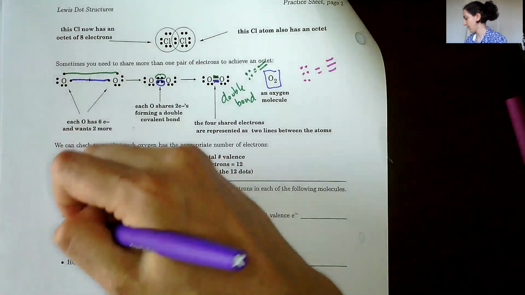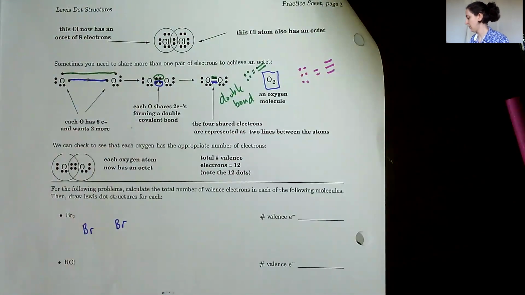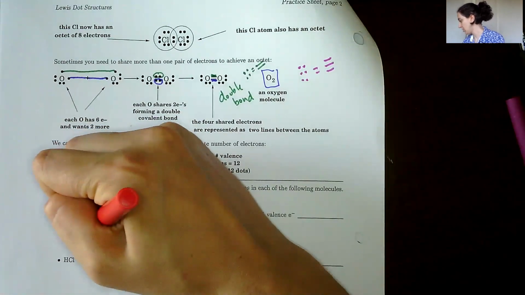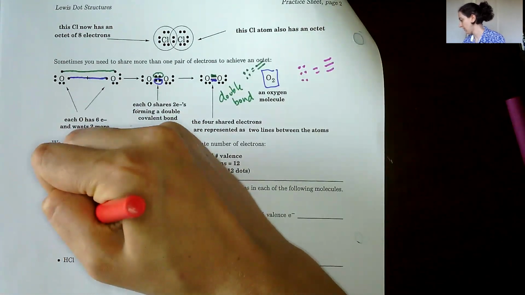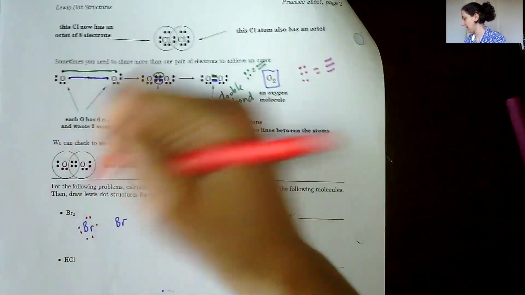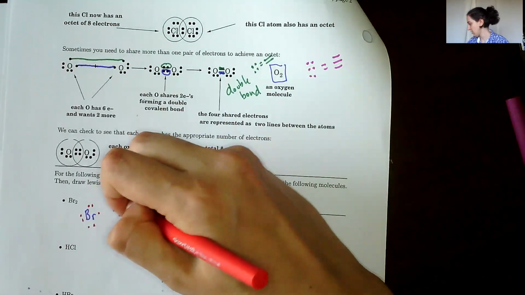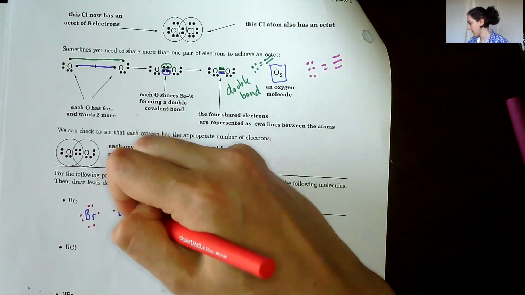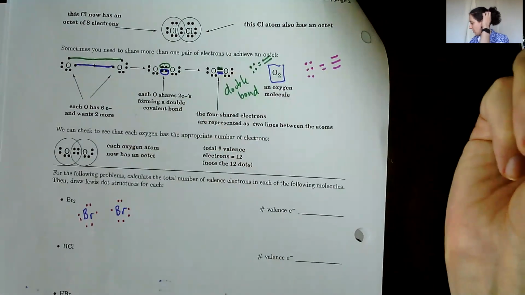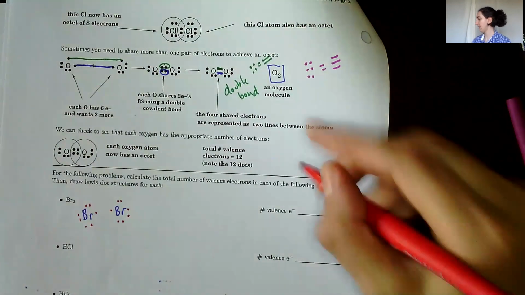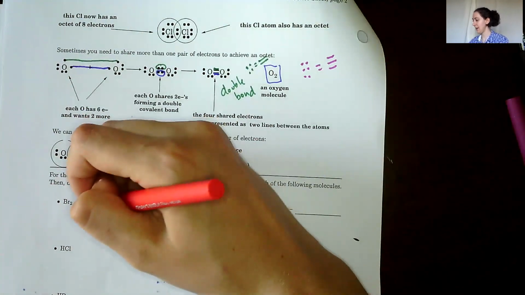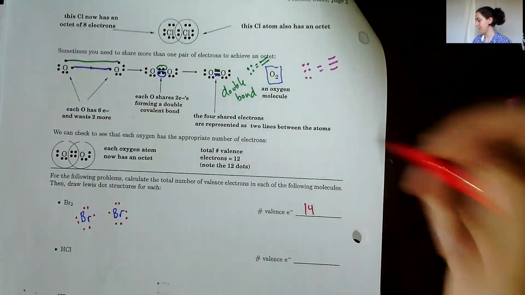So let's draw the structure. Let me switch to red because I like red for electrons. 1, 2, 3, 4, 5, 6, 7. I like to draw it like that. And then let's do the other bromine. 1, 2, 3, 4, 5, 6, 7. So the total number of valence electrons is 7 plus 7 is 14.